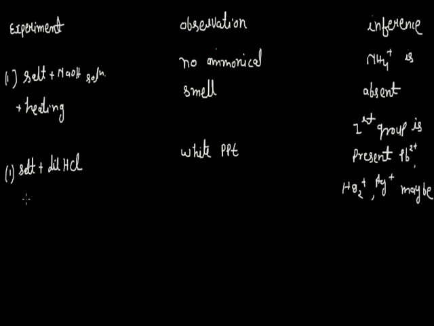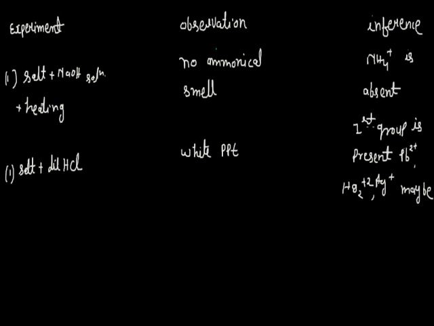So if we take the salt and add dilute HCl, and there is a white PPT, then we can say that the salt contains the first group. In the first group we have three radicals: Pb plus 2, mercurous, and Ag plus.